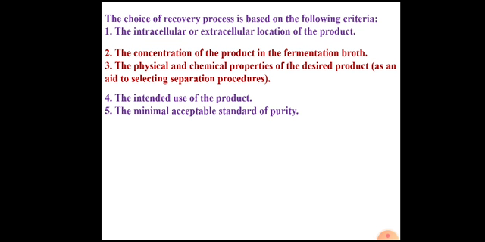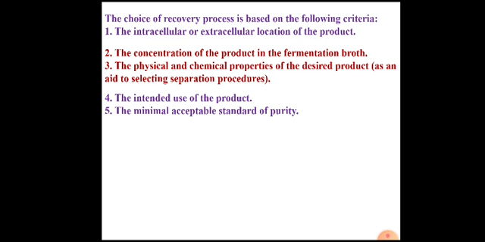Then the intended use of the product. A product can generally be used for two reasons: one is for human consumption, second one is for animal consumption. Say for example, if it is used for human consumption, then it has to be purified to a very high level. In case of animal consumables or applications, the product may be prepared in crude form.